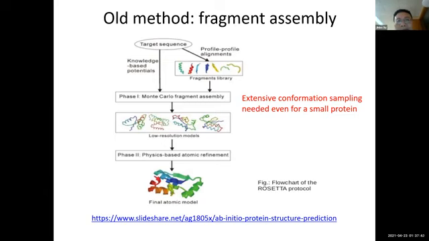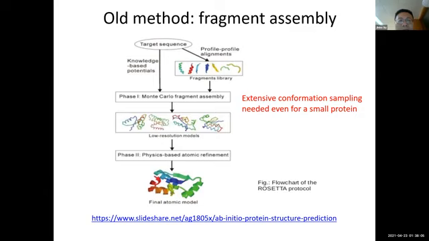Then for each short segment, we search the PDB to find some fragments. Say, for example, for each short segment, we can find about 200 possible fragments. So the structure of this short segment may be similar to some of the fragments.